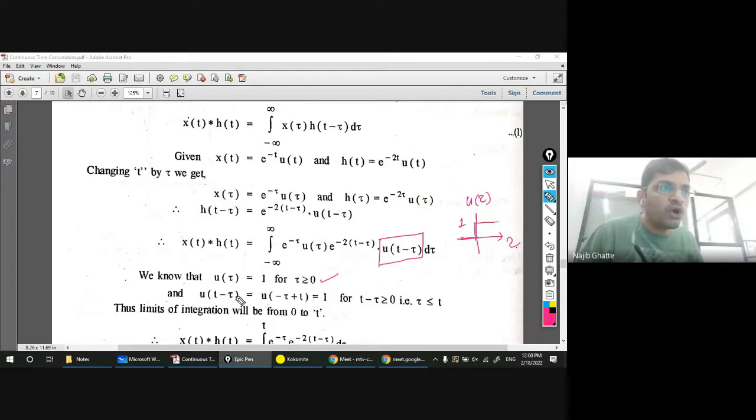So u of t minus tau is equal to u of minus tau plus t. Why did I write minus tau plus t? Because tau is my variable. Suppose I had written u of 2 minus t, then you would write it as u of minus t plus 2.